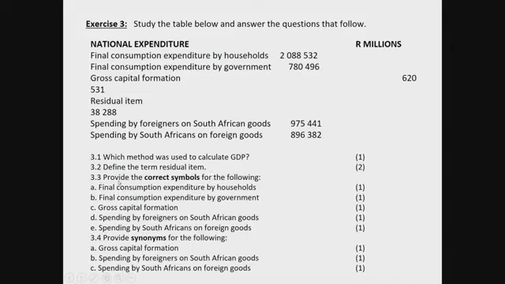3.3, provide the correct symbols for the following.